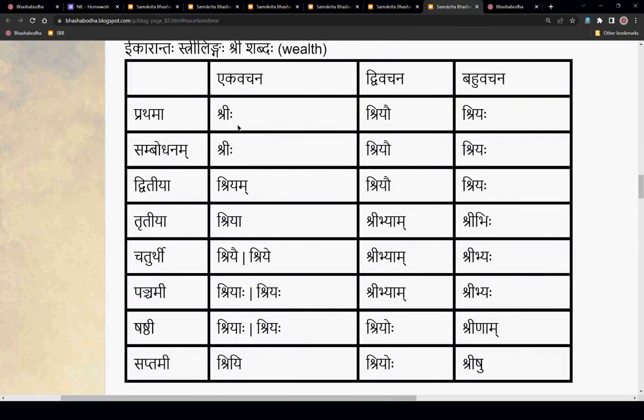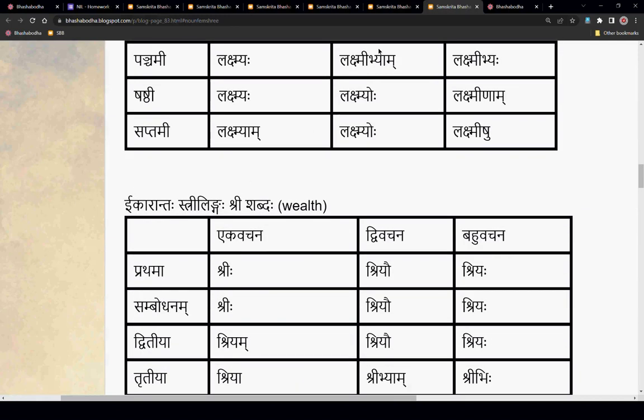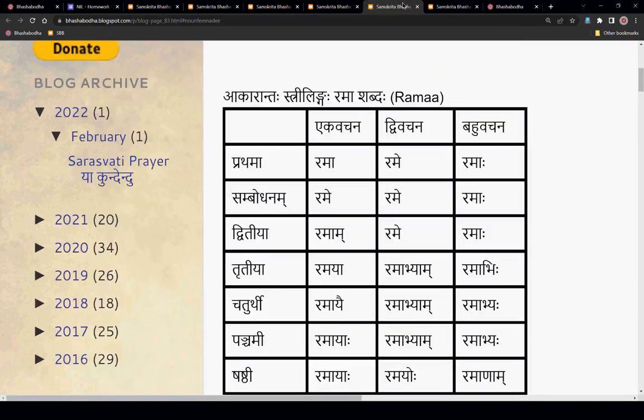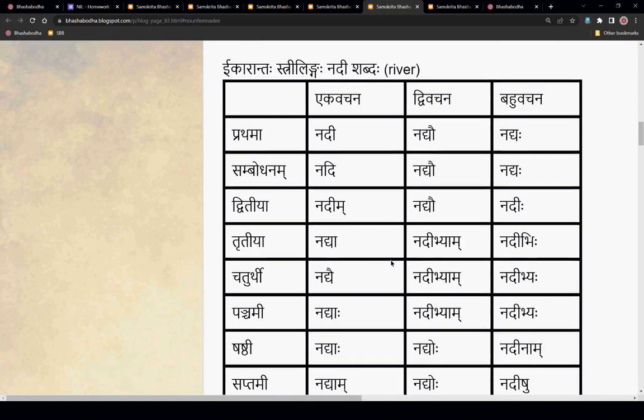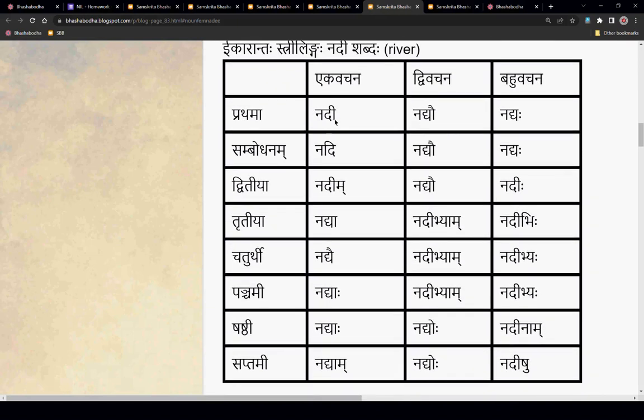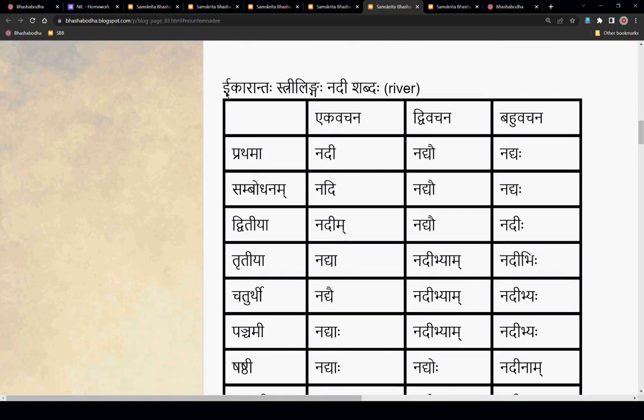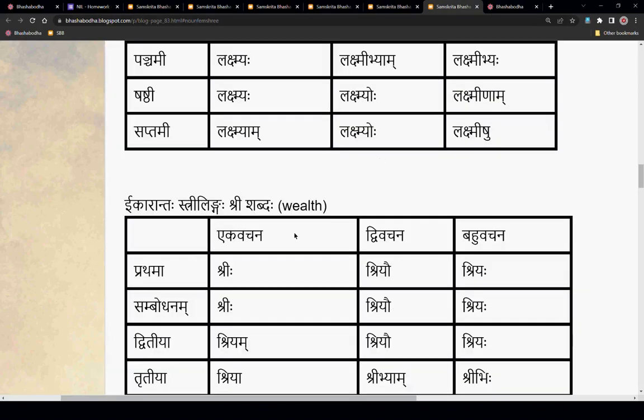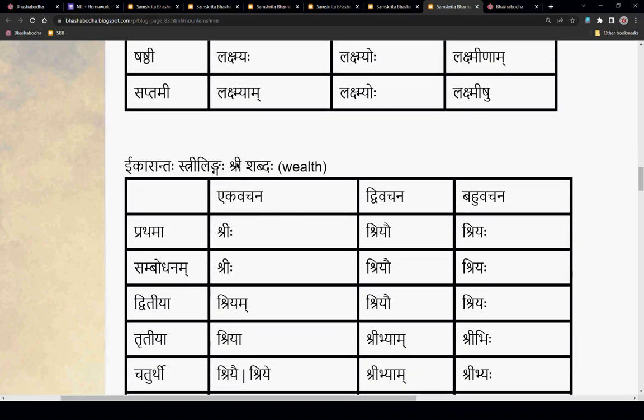If you look at the ekavachanam, compare that to Nadi. Where is Nadi? Here, Nadi. Prathama ekavachanam, what is the base word? Dirgha E only. Nadi and Shri both. But what does prathama ekavachanam become for Shri? What is it here? Prathama ekavachanam.